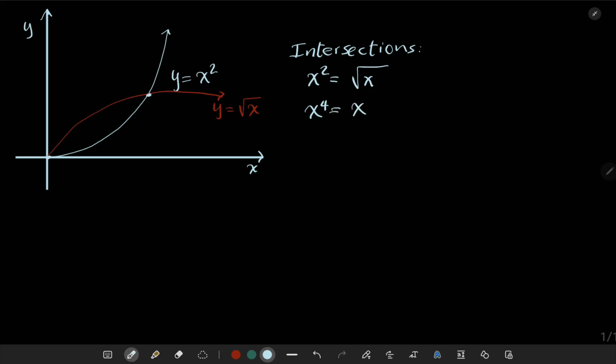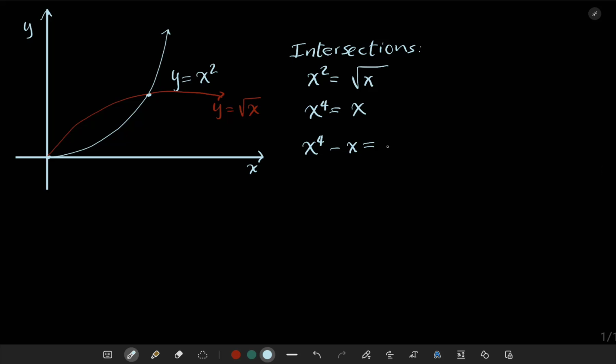And then you go ahead and subtract x on both sides. You don't divide by x. Why do you not divide by x? Because if you divide by x, you get x cubed equals 1, and it just gives you a single solution. And in reality, this is a quartic polynomial, so it would have 4 solutions.